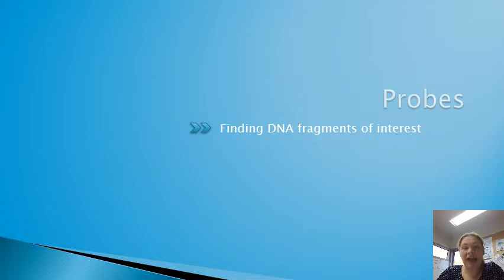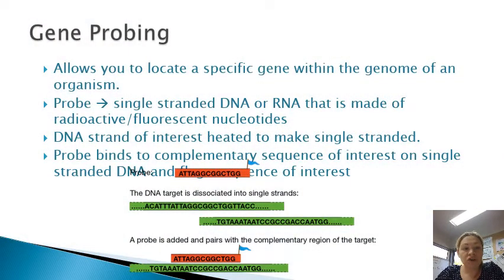Before we talk about how we make DNA, it's important to know how we actually find that DNA as scientists in the first place. So in order to find or locate a specific sequence of DNA that we want to investigate, we use what's called gene probing.